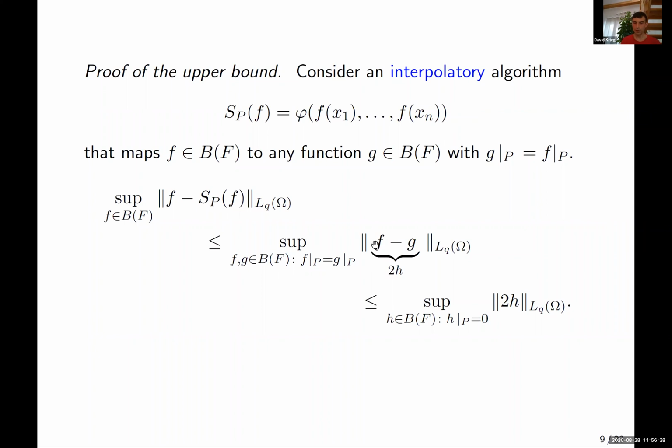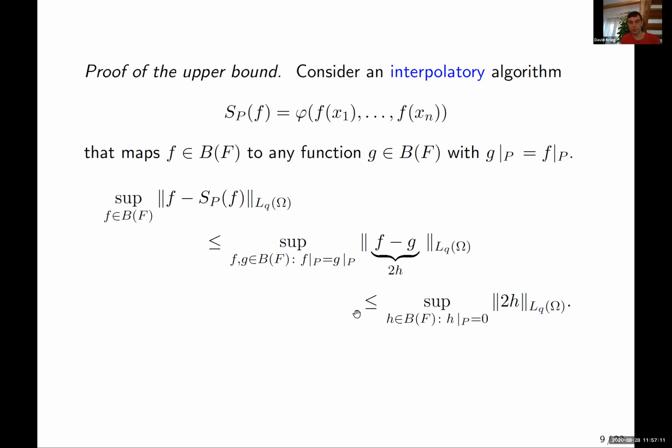Okay, but now if we consider the function f minus g divided by 2, then this is again in the unit ball. That's the triangle inequality, or the convexity of the unit ball. And so we get a function h, which is in the unit ball, and this function h actually vanishes on the point set because the function values of f and g are the same.